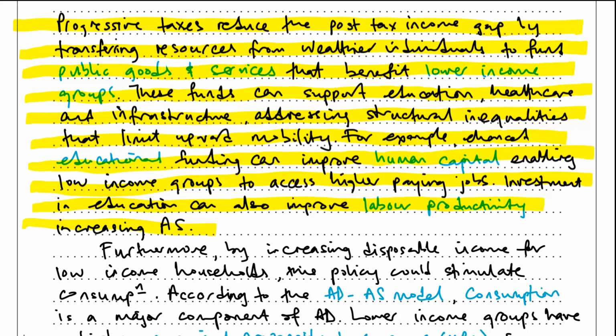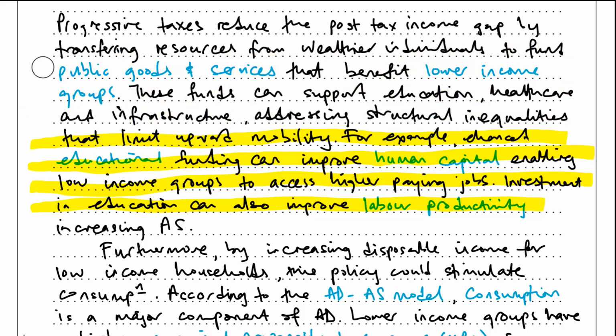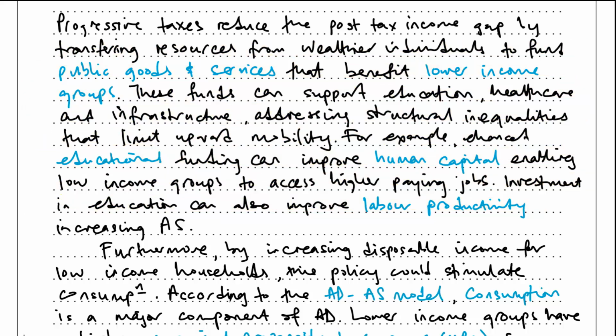Right, so here I've highlighted some of the key words in blue. So I've said that, if you use progressive taxes, you can transfer resources from wealthy individuals to fund public goods and services.